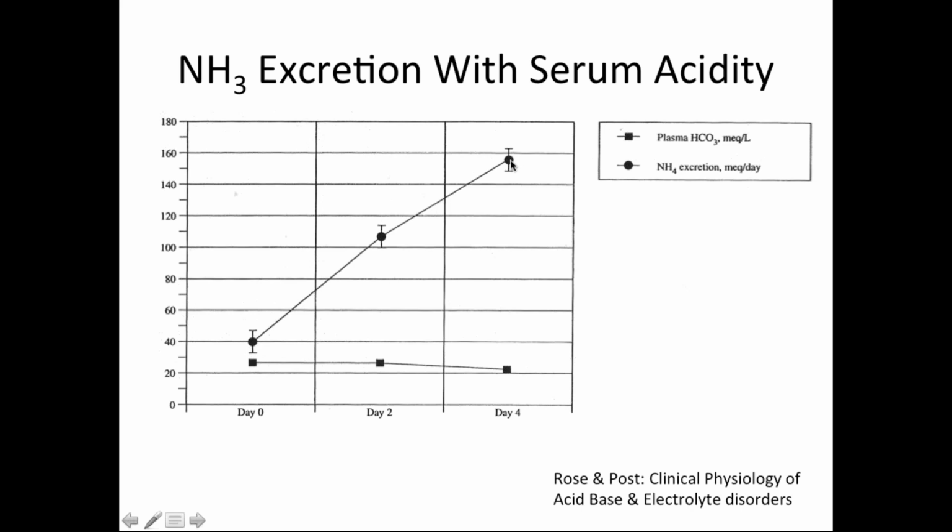And this was driven by only small decreases in the serum bicarbonate, from about 24 to about 20. So a decrease in the serum bicarbonate of about 4 had driven the ammonia excretion from 40 all the way up to 160.